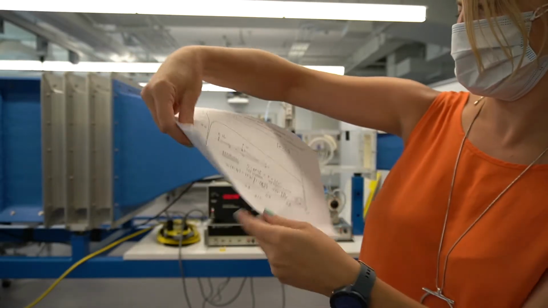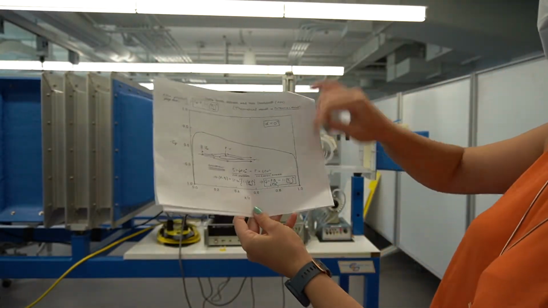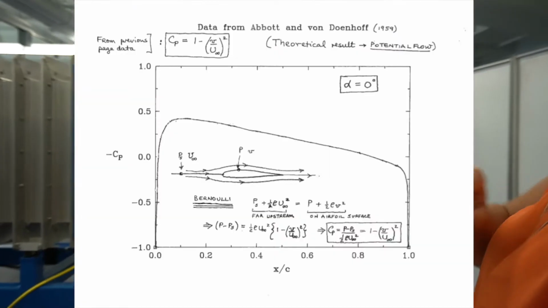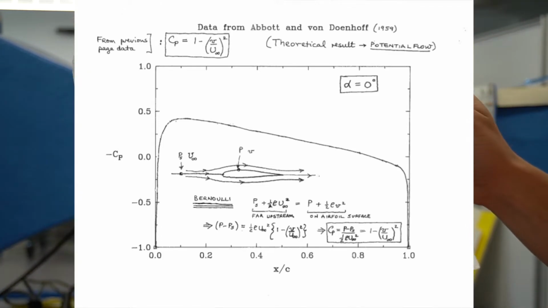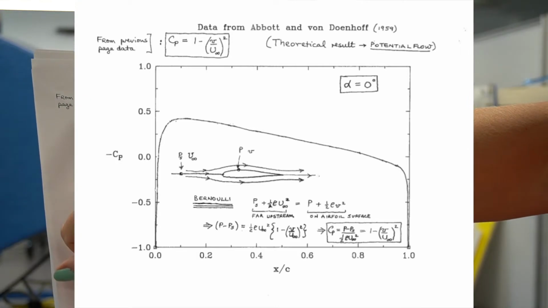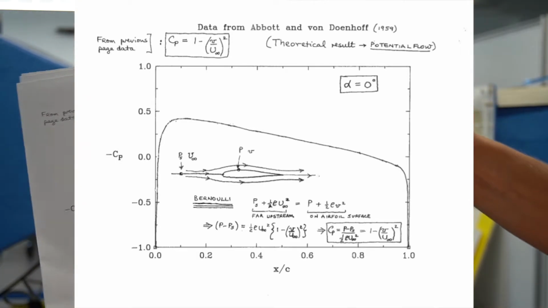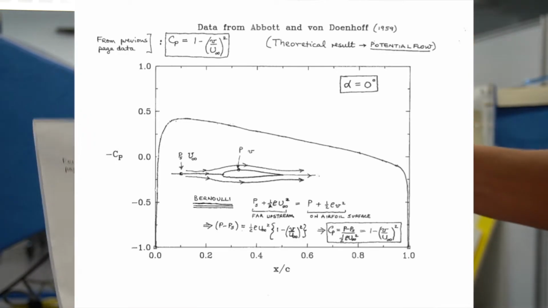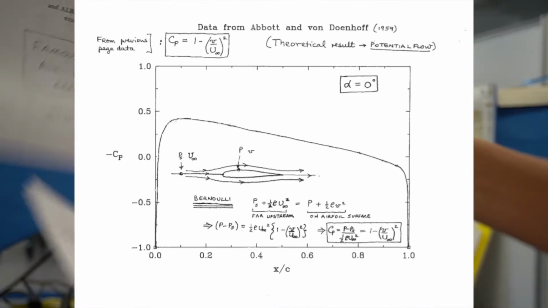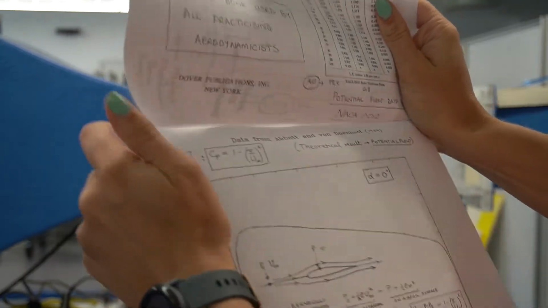We show you how to get this potential flow curve over our NACA 0012 at 0 degrees. From the previous data page, we've got the CP equation, and we can extract that data.